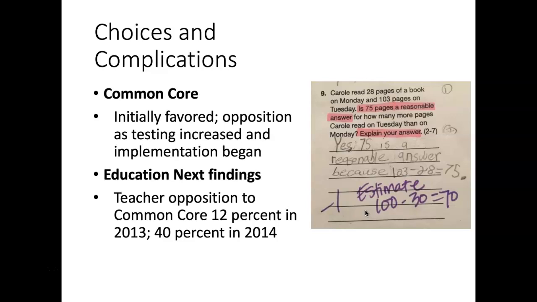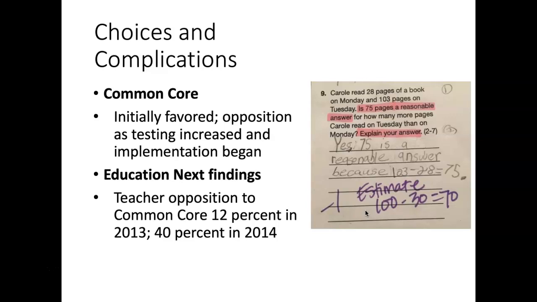And you'll see here a picture of a test that a child did, and the question is, Carol read 28 pages of a book on Monday and 103 pages on Tuesday. Is 75 pages a reasonable answer for how many pages Carol read on Tuesday? Explain your answer. Yes, 75 is a reasonable answer because 103 minus 28 equals 75.